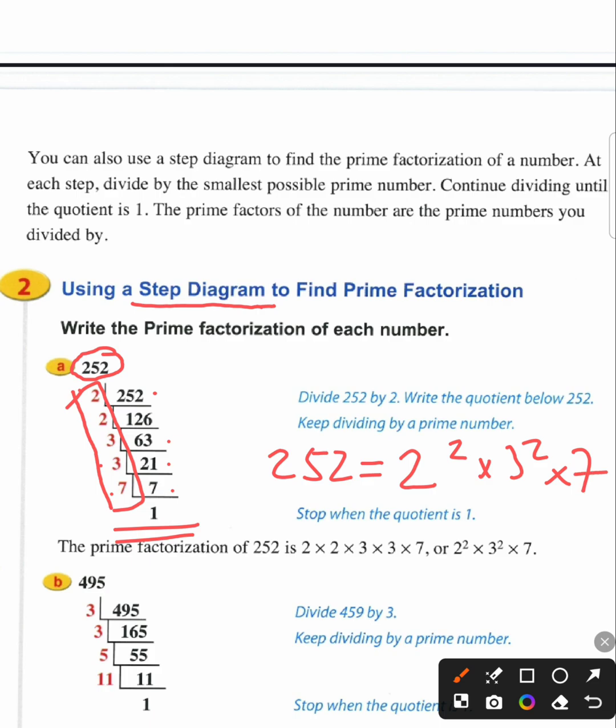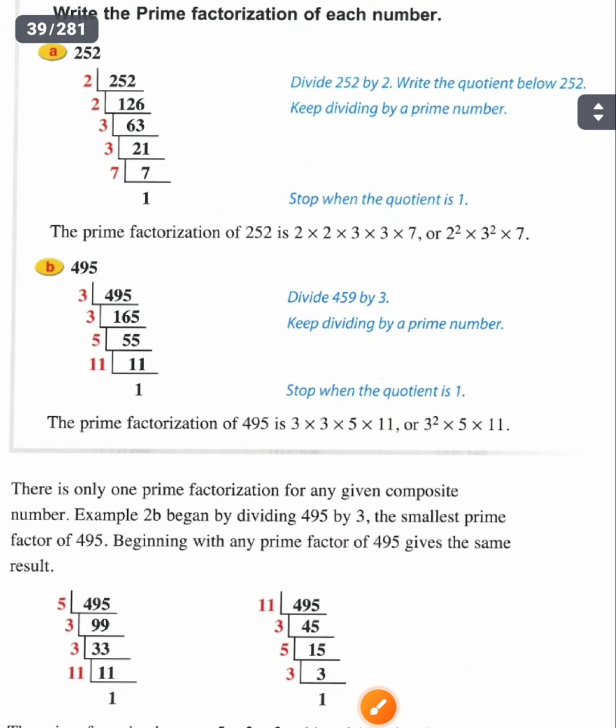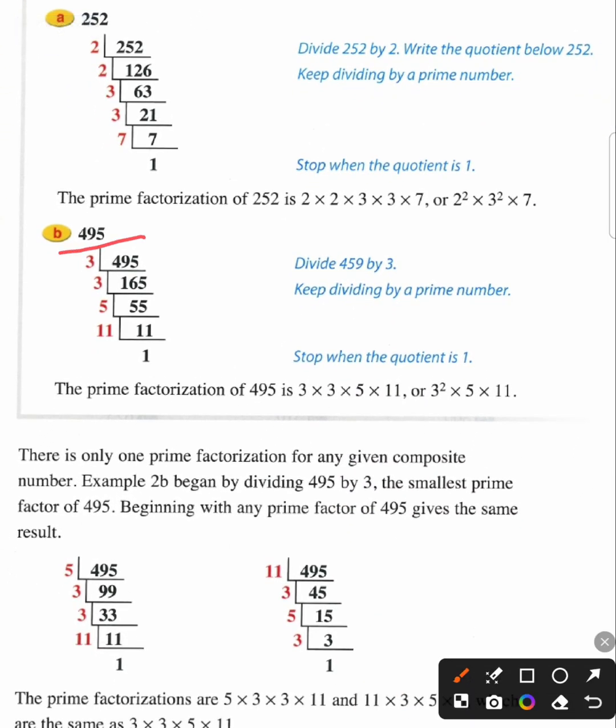Again, a very nice example of how you can easily find these prime factors. We will continue with the second example, and we have here 495. As you can see, we could start, for example, with 5, but the smallest prime factor is 3.